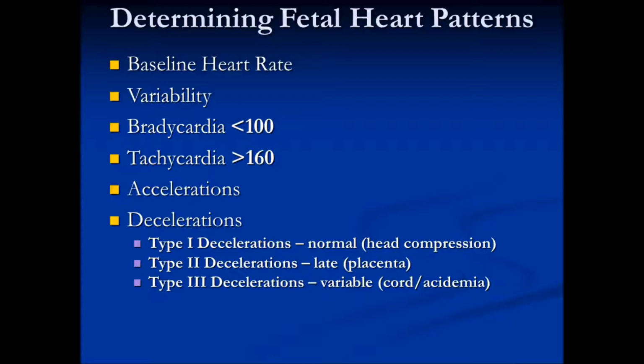Okay, type 2 decelerations do not follow uterine contractions. This is called a late deceleration, and it has to do with the placenta. So type 2 decelerations occur 10 to 30 seconds following the onset of the contraction, and then the heart rate does not return to baseline until after the contraction is over.